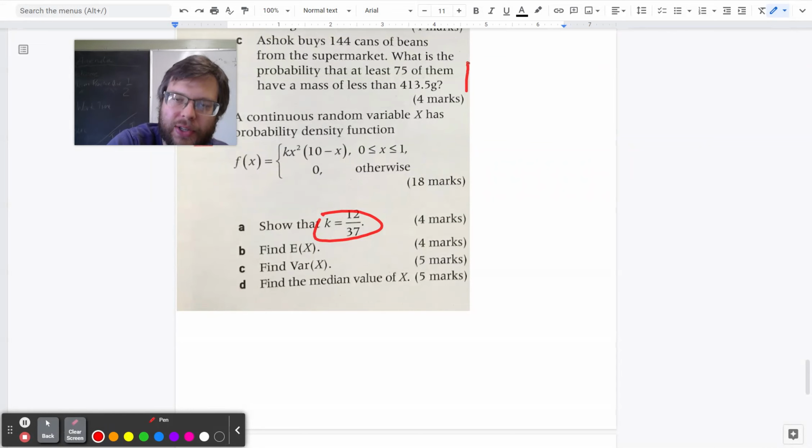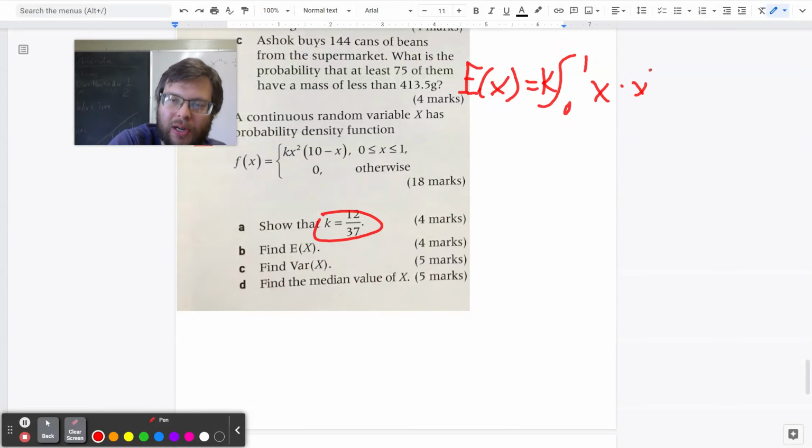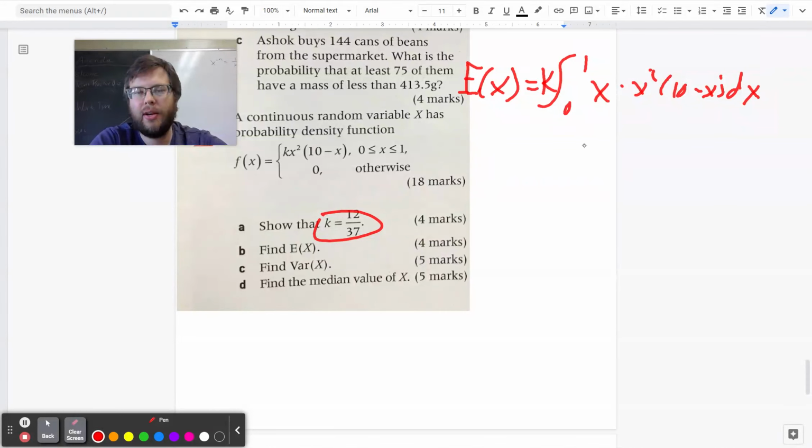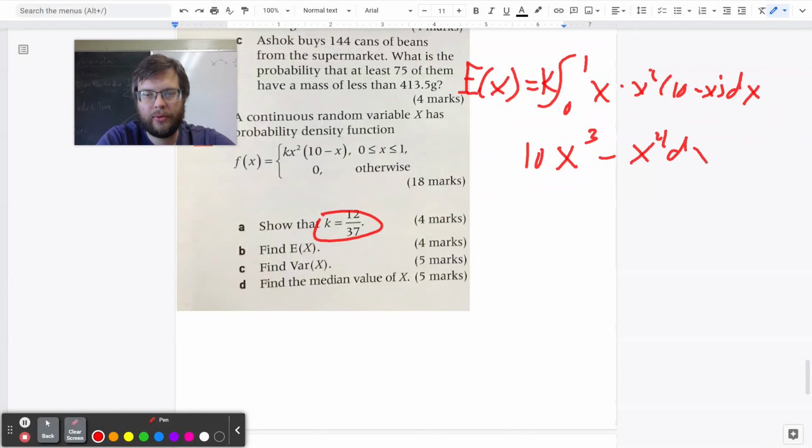Now, the expectation, the expected value, you get that by integrating over the entire region. We can still pull the k out and multiply x times your probability density function. So just distributing that out, we get 10x to the third minus x to the fourth dx.